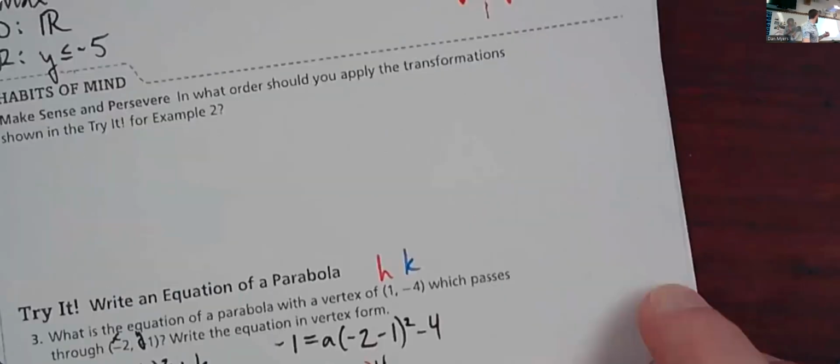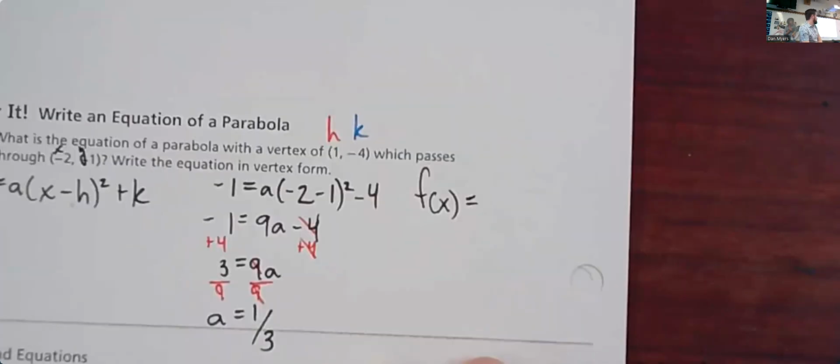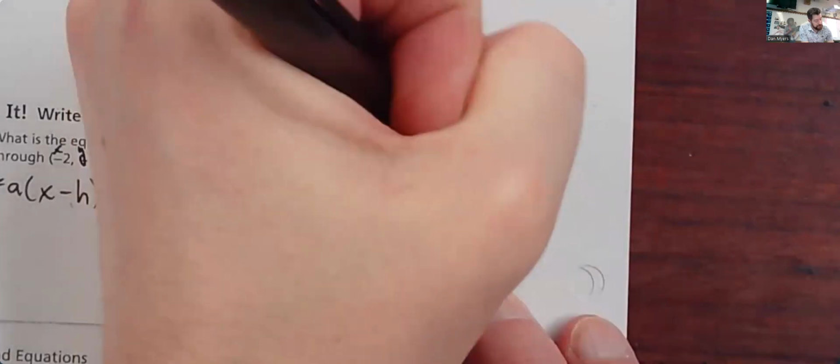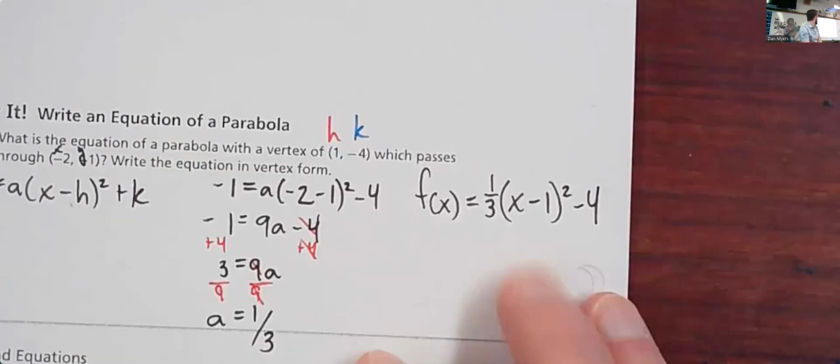All right, so our answer, here we go. We're going to say y equals, or we can say f of x equals, let's go ahead and do that, f of x, because we want to make sure we're in function notation. F of x is equal to the value of a, which is 1/3, times x minus 1 squared minus 4.